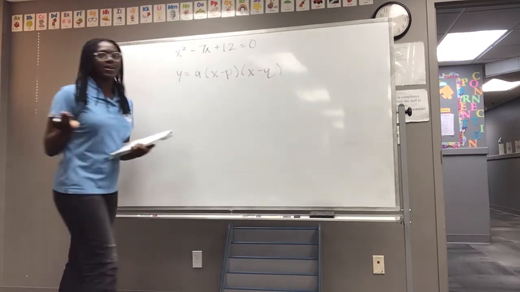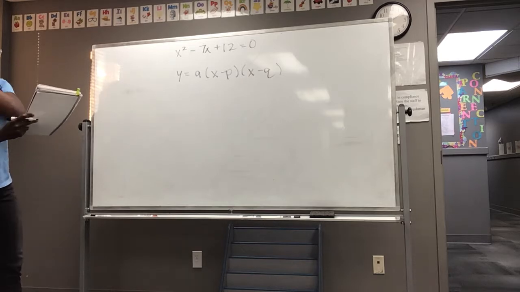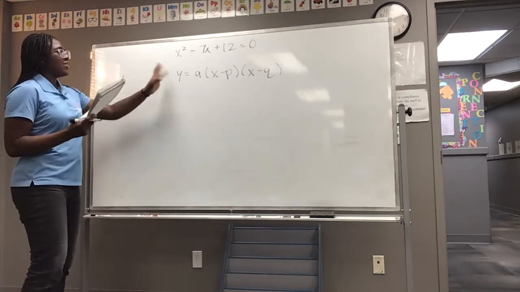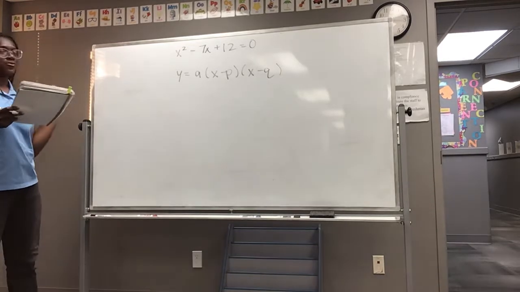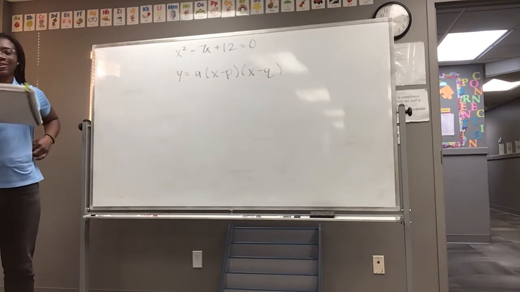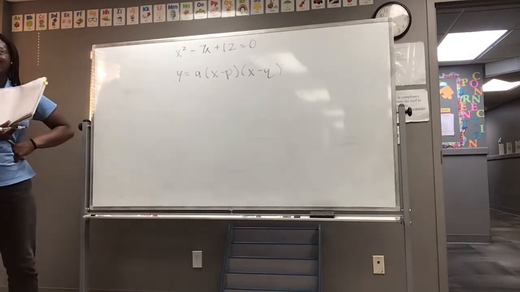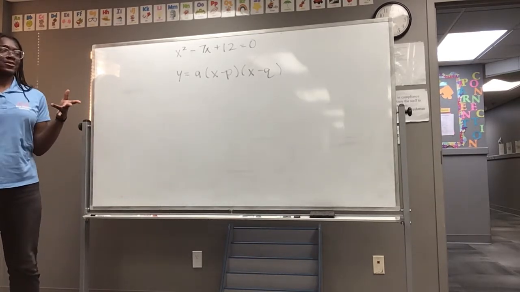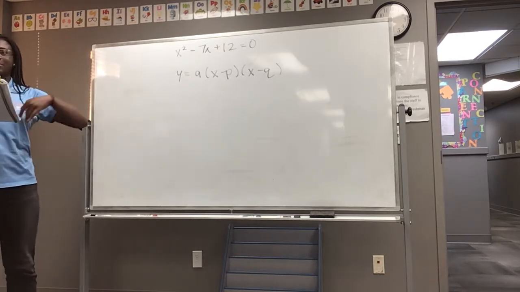This isn't super important, but this is the form that we want to get it into so we can find our answers. And so the answers to a quadratic equation, we call them roots, or sometimes you also hear them called zeros. Or solutions. So on the ACT, you can see any of those types of terms, and they mean the same thing. They're just going to be the answers to these types of equations.